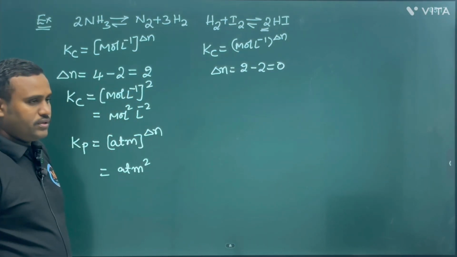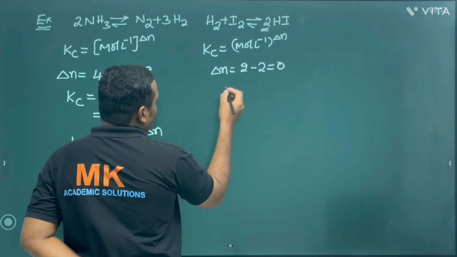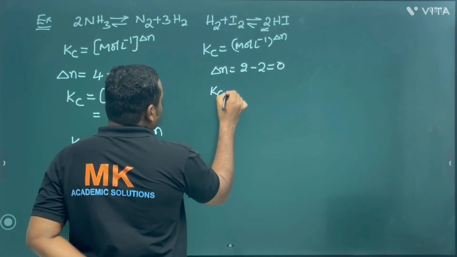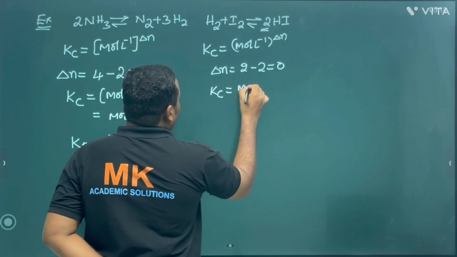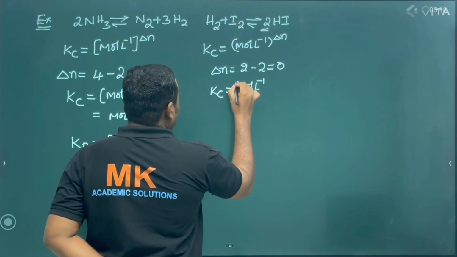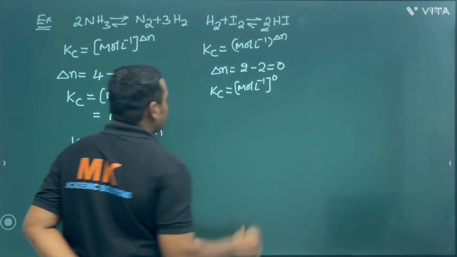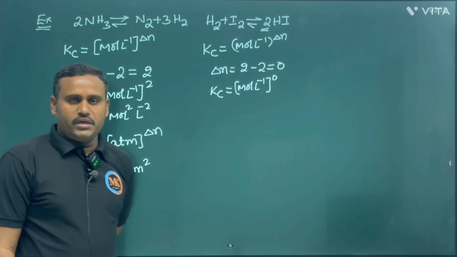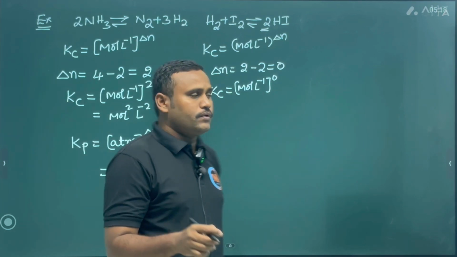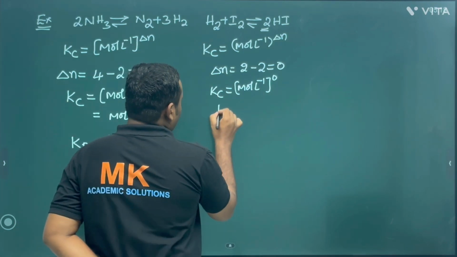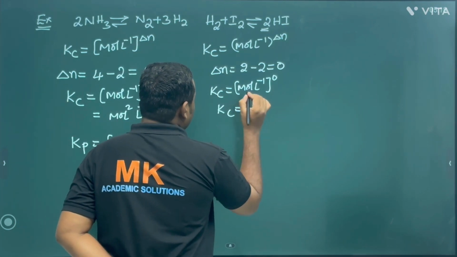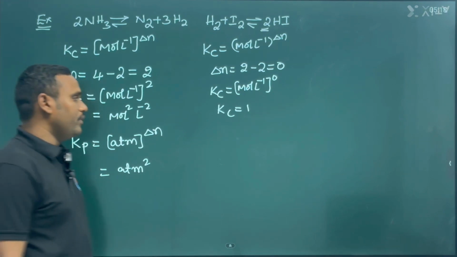Okay. So therefore here delta n equal to 0, therefore Kc is moles per liter to the power 0. So here we already know anything power 0 is equal to 1. Therefore here Kc is equal to 1, means Kc does not have any units.